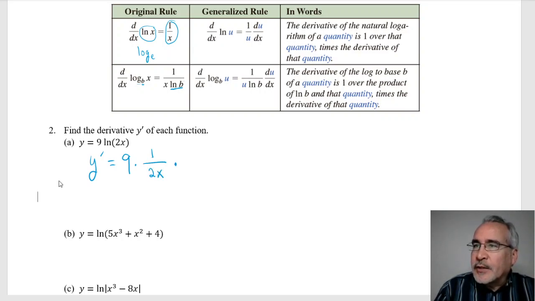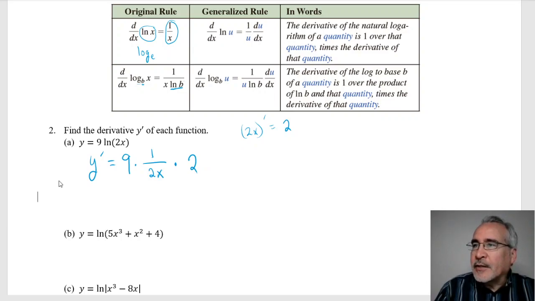And then the chain rule says now we take the derivative of the inside stuff. It doesn't go down in the denominator, just what is the derivative of 2x? That's just 2. So we multiply by 2.